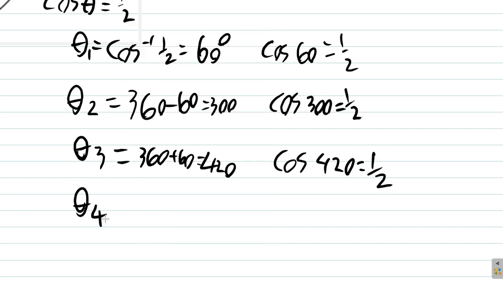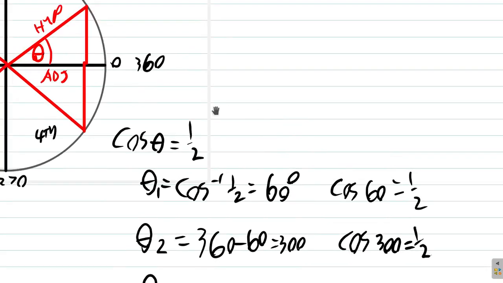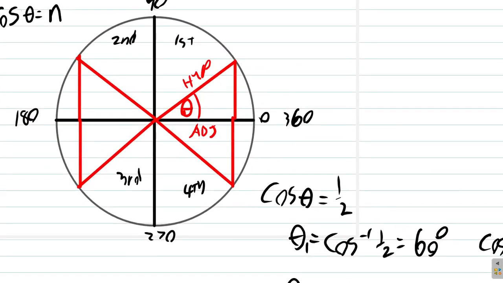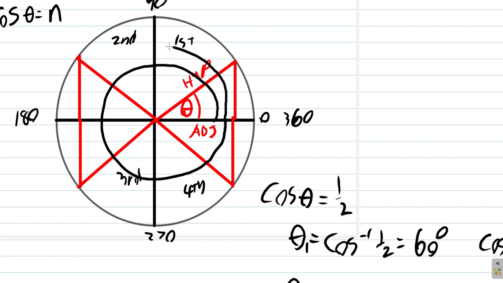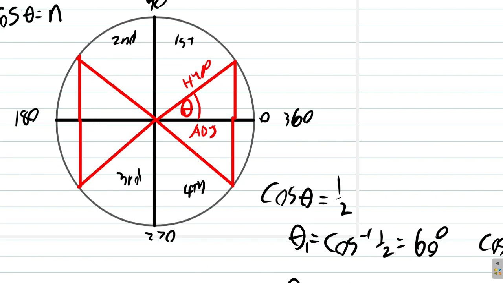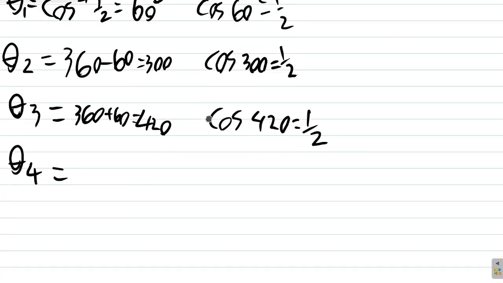What about the next angle? Which angle is the next angle in line, such that when you cosine it, you get half? Let's see. To get that, you have to go 360 plus 180 minus 60.